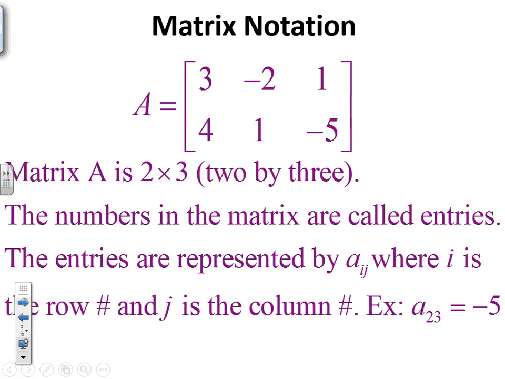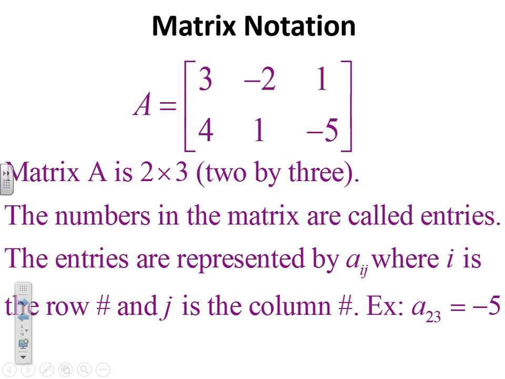Now, one of the things that we want to know is how do you identify something in a matrix? So here we have matrix A. It has 2 rows and 3 columns. So we refer to matrix A as a 2 by 3 matrix because it has 2 rows and 3 columns.